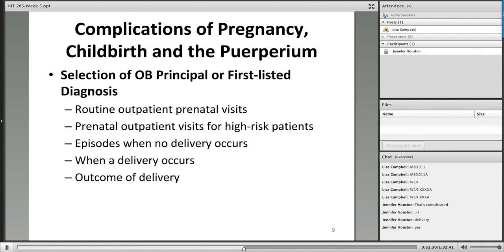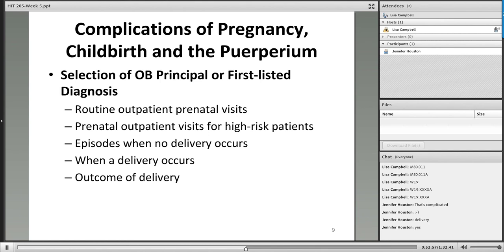You'll notice Z34 is not in chapter 15. And according to the guidelines, if you're using a Z34 code that says a routine outpatient prenatal visit, you can't use any of these codes that start with an O. So if you're going to say routine outpatient prenatal visit, you're going to have Z34 category code.